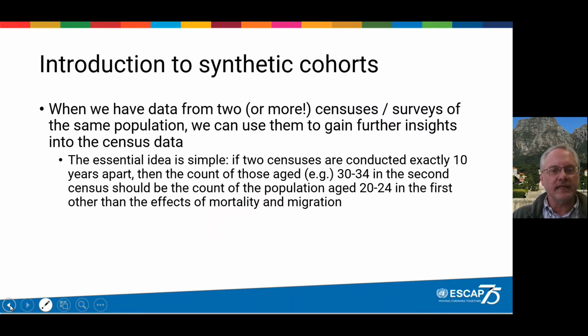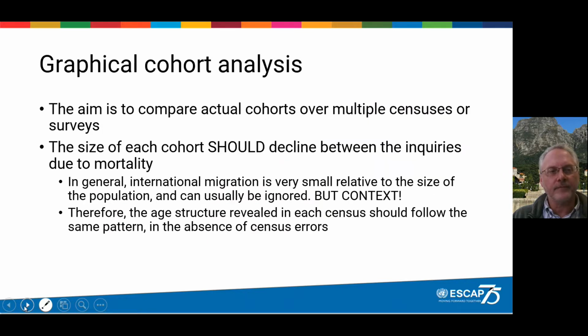The essential idea is simple. If two censuses are conducted exactly 10 years apart, well, then the count of those aged, for example, 30 to 34 at the time of the second census should be the count of the population aged 20 to 24 in the first census, other than for the effects of mortality and migration over the last 10 years in that cohort.